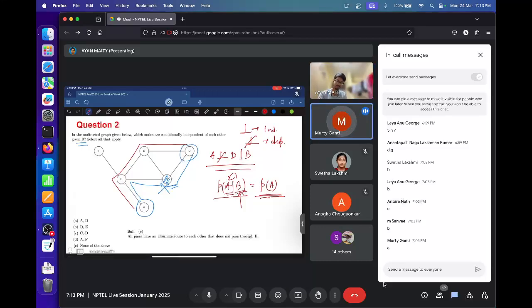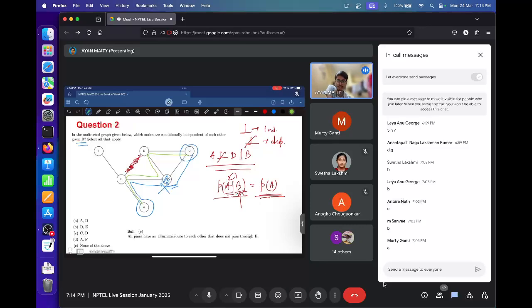So let us say there is no line between C and E. In that case, if this edge does not exist, there are now two paths that go from A to D, this blue line and this green line, ACBED and ACBD.